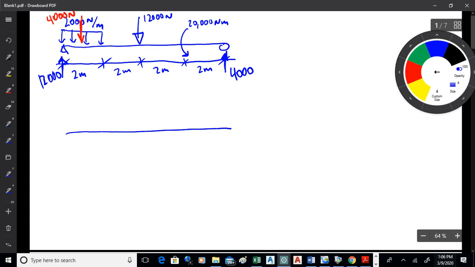So what I'm seeing there is something like this for the shear. I think that looks about right, huh? You're going to want to find these areas.